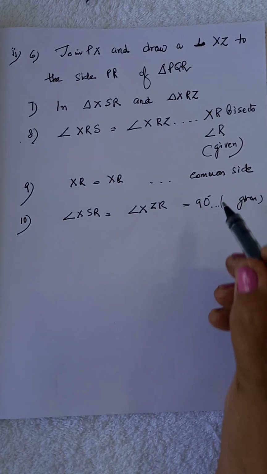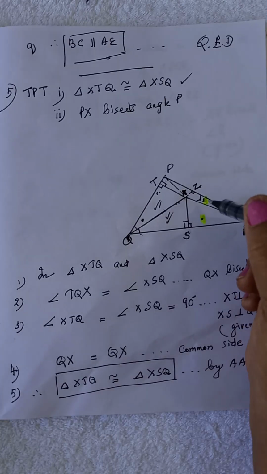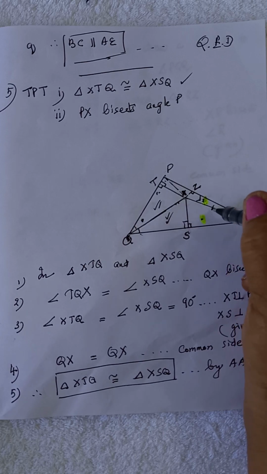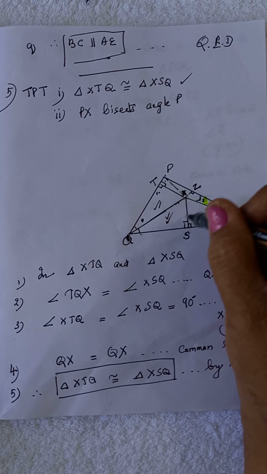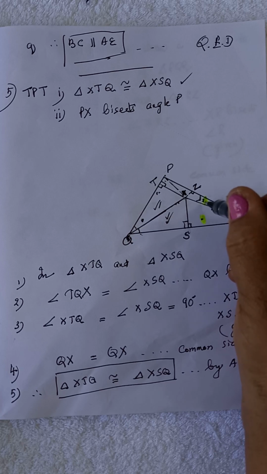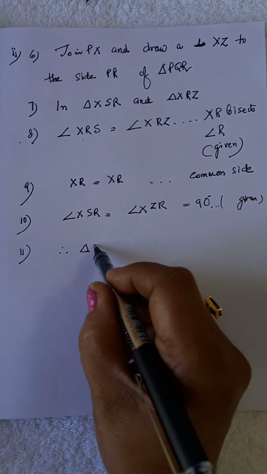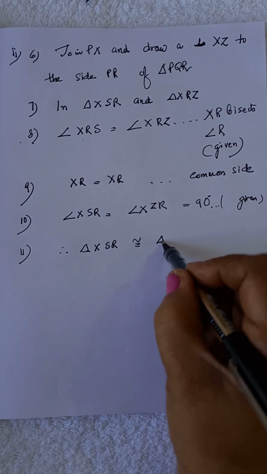And 11th point is here angle, side, this angle and this side. So this side is in between these two angles. So by what test can we say that these two triangles are congruent? By ASA test. So we can write, therefore triangle XSR is congruent to triangle XRZ.